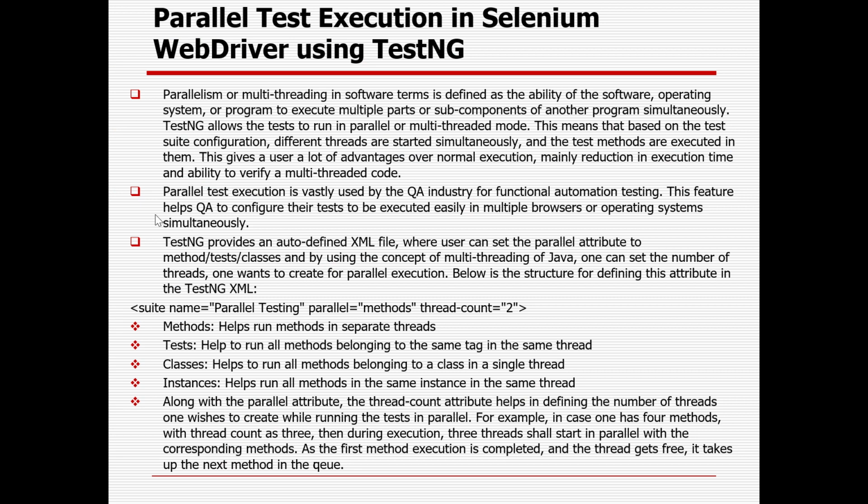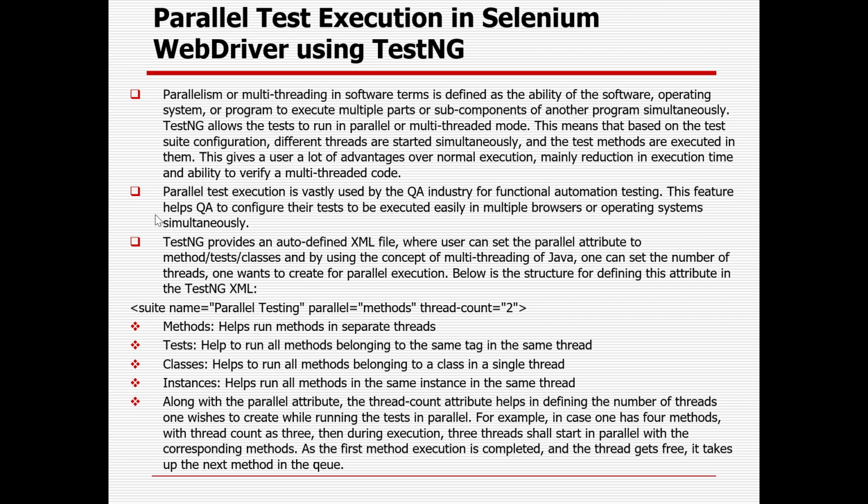This gives us a lot of advantage over normal execution, mainly reduction in execution time and ability to verify multi-threaded code. Parallel test execution is vastly used by the QA industry for functional automation testing. This feature helps QA to configure their tests to be executed easily in multiple browsers or operating systems simultaneously.